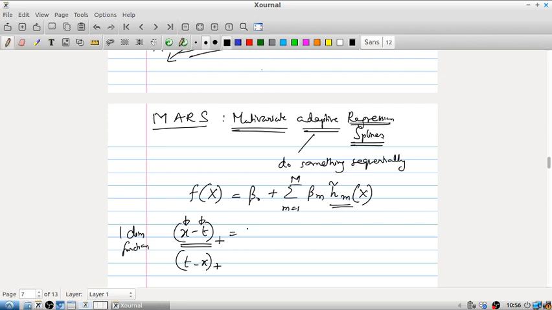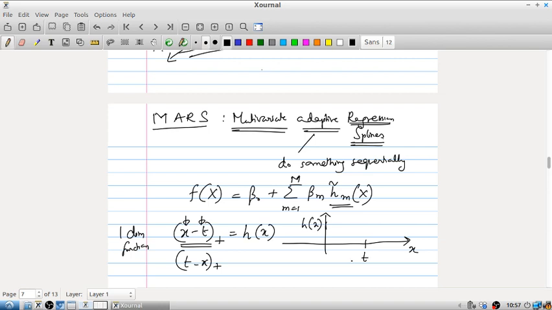Let me call it h of x. It has one input, it's one dimensional, it has a parameter t, and how does it look? On the x-axis is the one-dimensional variable x, and the y-axis is the evaluation of the function. Let's say there is a point t, because t is some number.